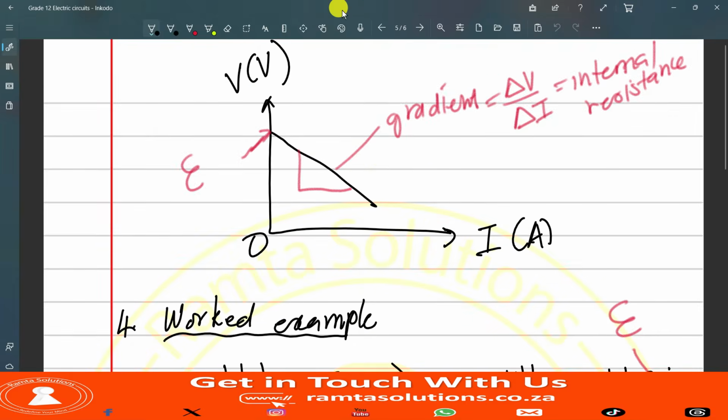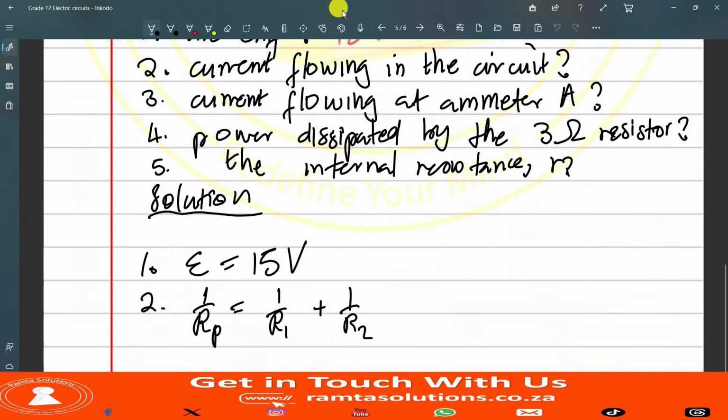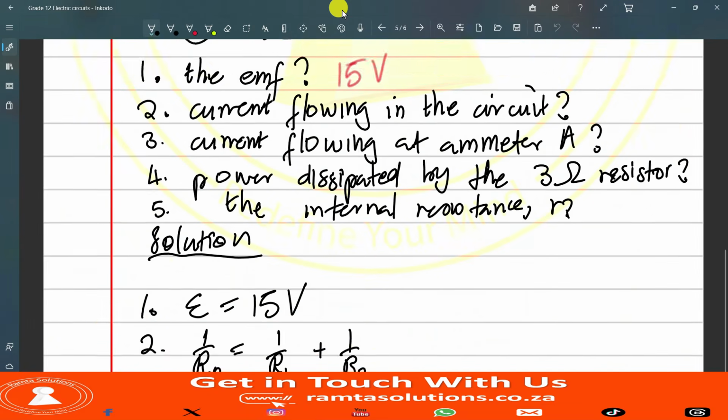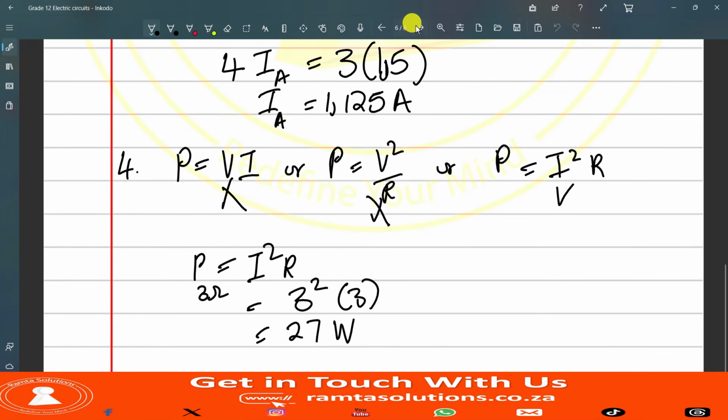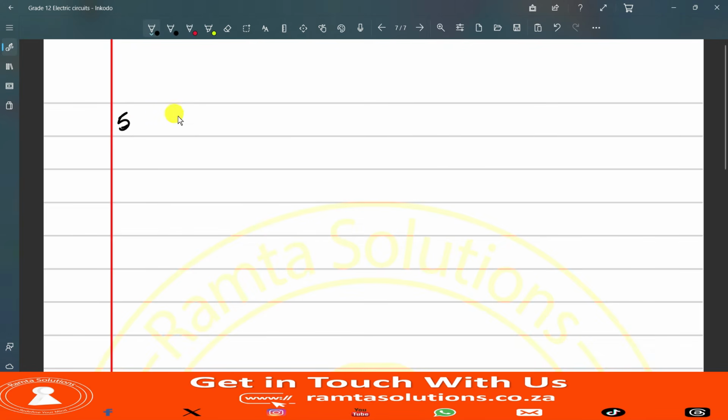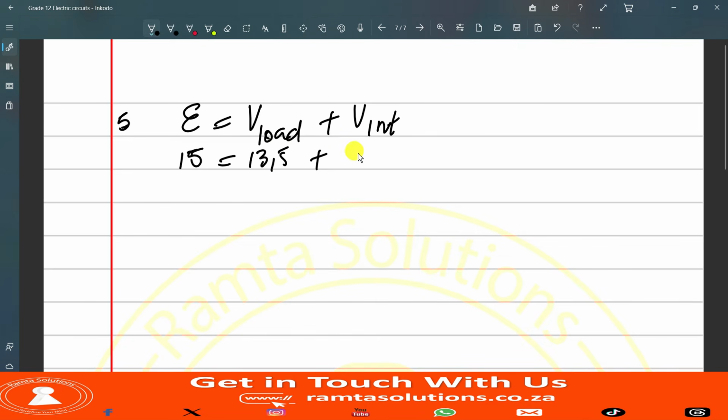Now I have added a fifth question that says calculate the internal resistance. All right, easy peasy. Let's go now. Number 5, the internal resistance. We know emf equals V load plus V internal, right? We said emf is 15 volts. We said V load is 13,5 volts. And then what is V internal?